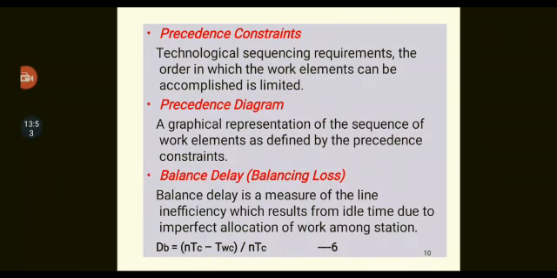Next terminology is balance delay, also known as balancing loss, and it is denoted by dB. Balance delay is a measure of the line inefficiency which results from idle time due to imperfect allocation of work among stations.